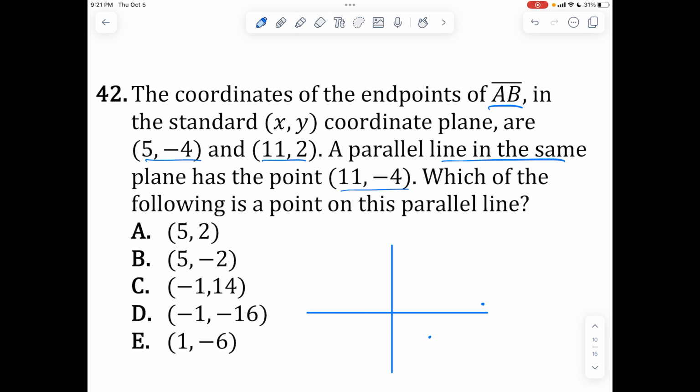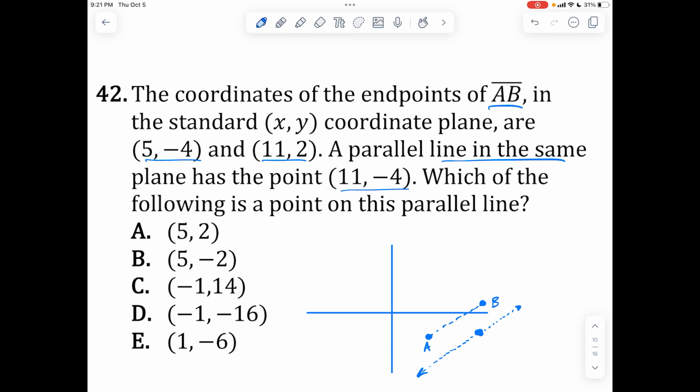A parallel line, so this is a line that we have, AB. A parallel line in the same plane has this point, 11 comma negative 4. Let's label our points. Which of the following is a point on this parallel line?